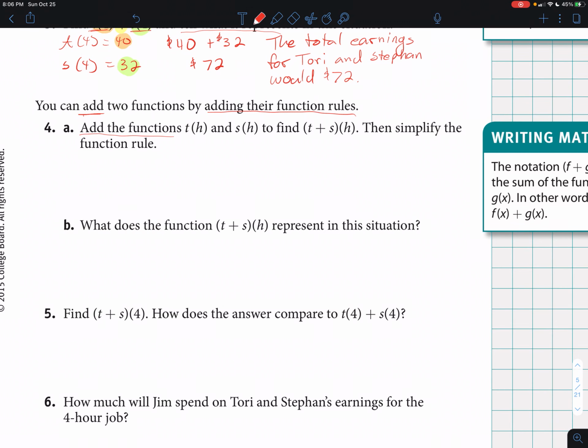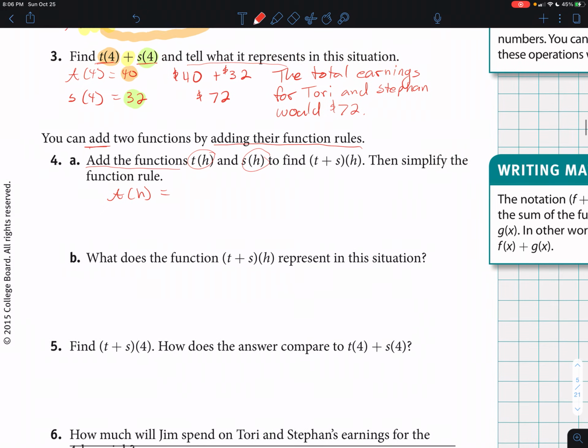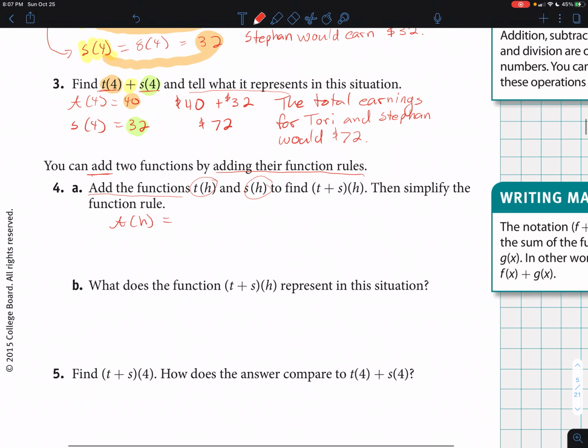So we're going to add the functions t of h and s of h. So t of h, if you recall, was 10h, and s of h was 8h. So if I take those two together, t plus s of h equals 10h plus 8h, and that would give us 18h.